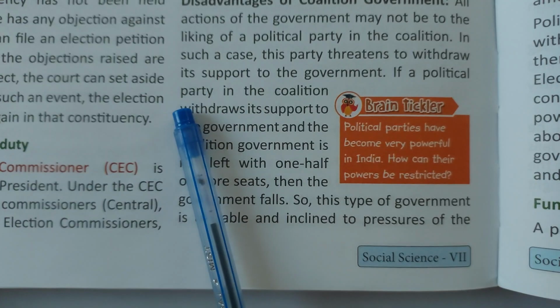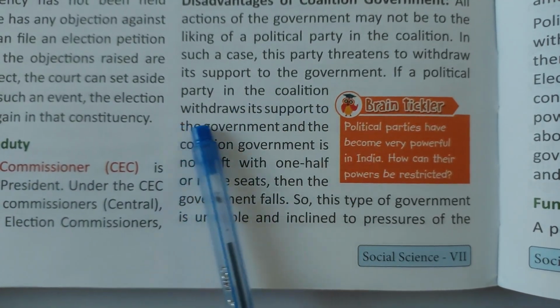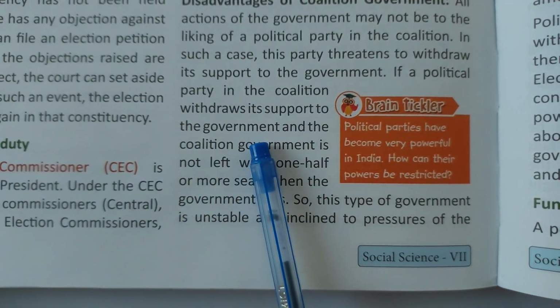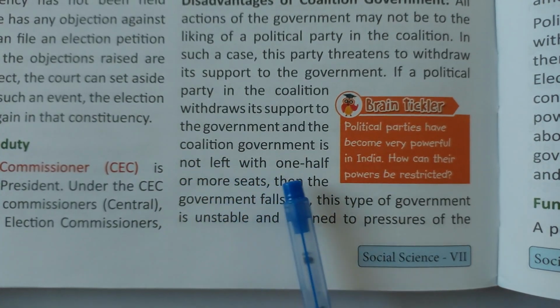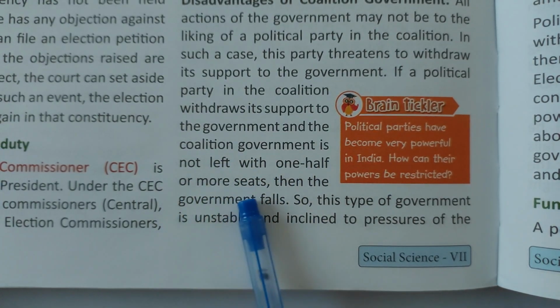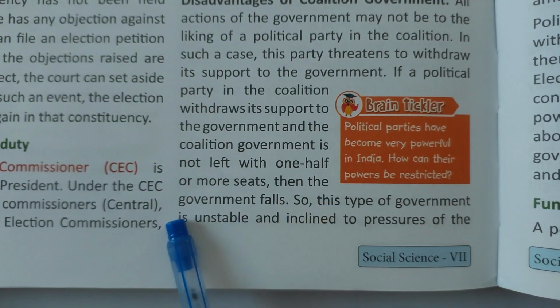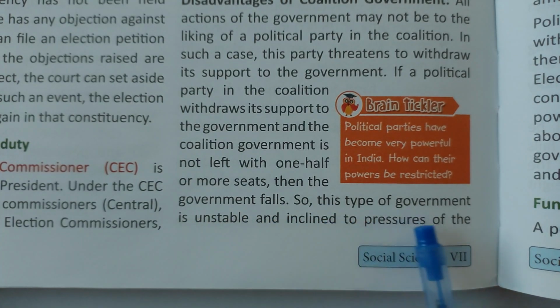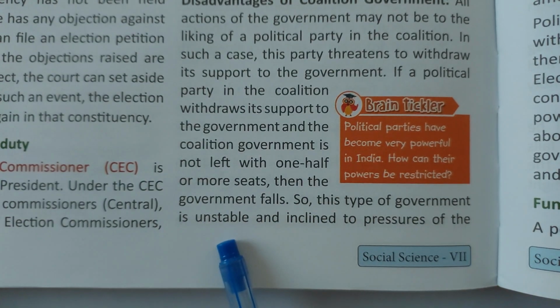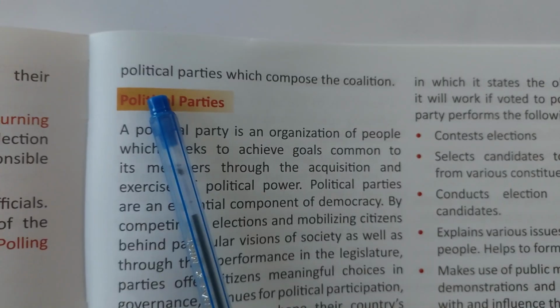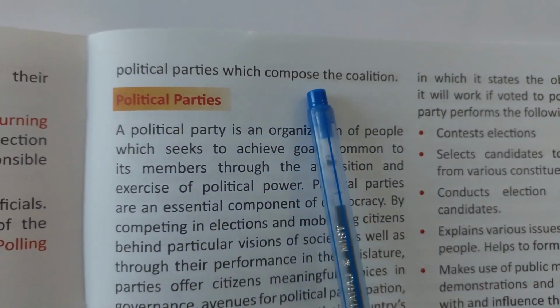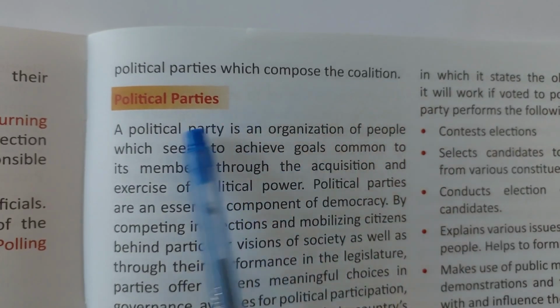If a political party in the coalition withdraws its support to the government and the coalition government is not left with one half or more seats, then the government falls. So this type of government is unstable and inclined to pressures of the political parties which compose the coalition.